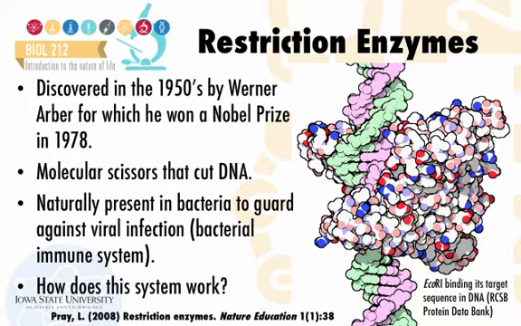These enzymes recognize specific nucleotide sequences in DNA called restriction sites. Each restriction enzyme recognizes a unique restriction site. There are over 3,000 restriction enzymes discovered so far.